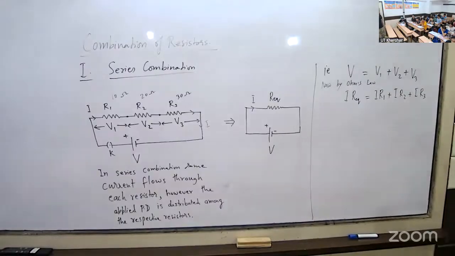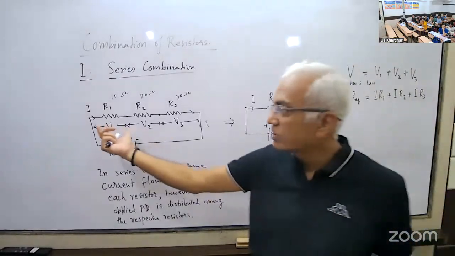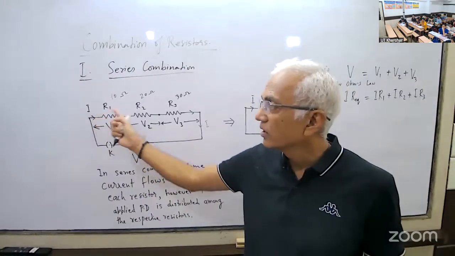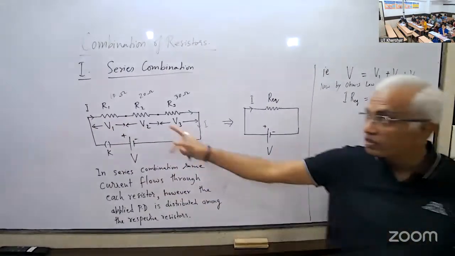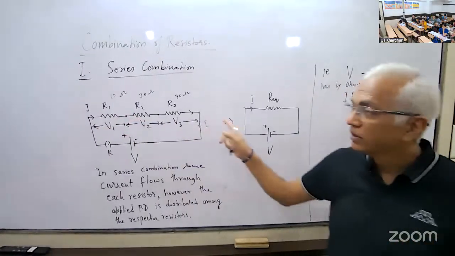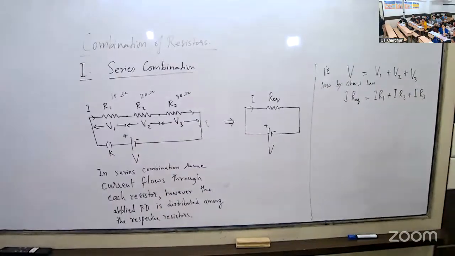Is it making sense? Hope everybody knows what Ohm's law is. Ohm's law gives the potential difference if the current and resistance are known, just the product. So in every resistance, how much current is going? I is going. I into R2, I into R3, that will be the same.